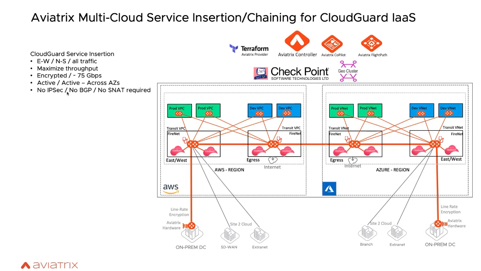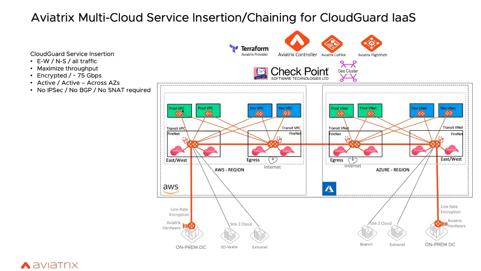One more thing which is extremely important is that the encryption is not a second thought. Encryption is built into the architecture. So when you build this architecture using Aviatrix, we make sure everything is encrypted. All those links that you see, these red lines going from this spoke VPC to this transit VPC, for example, they're all encrypted links.